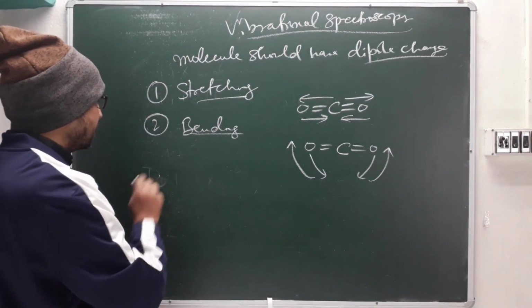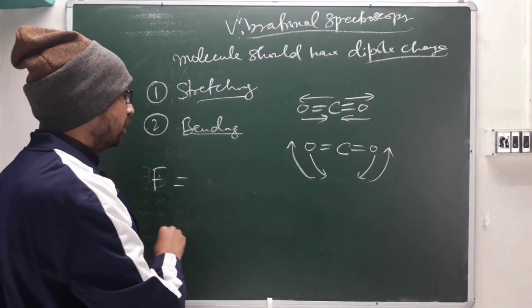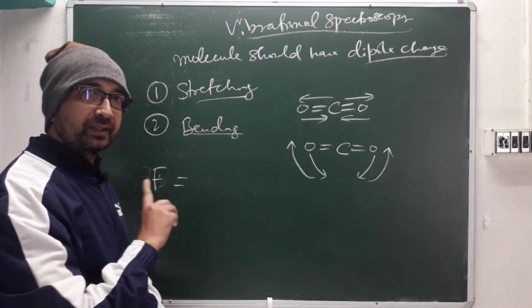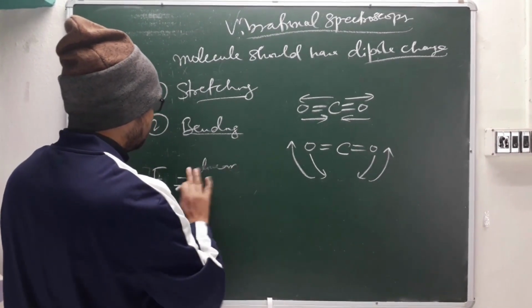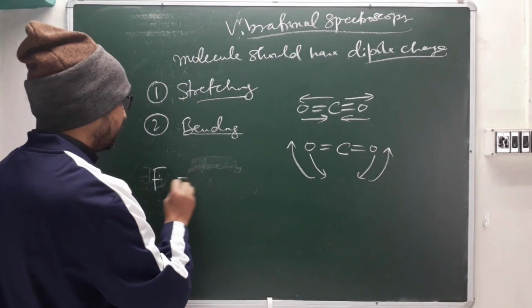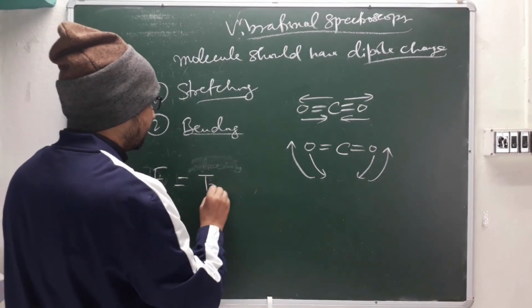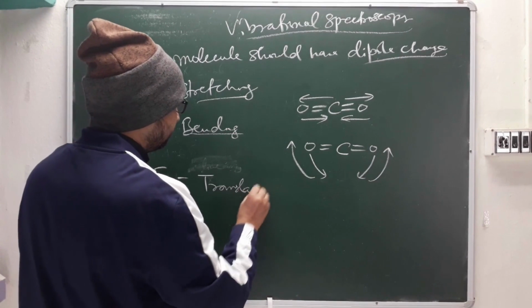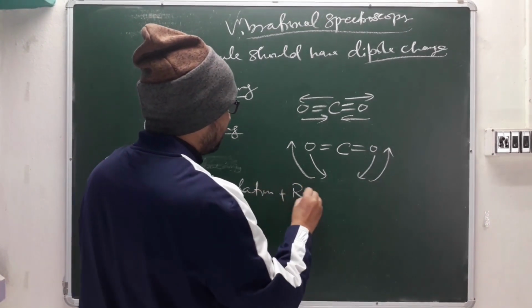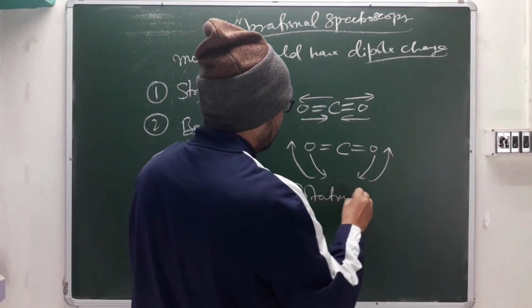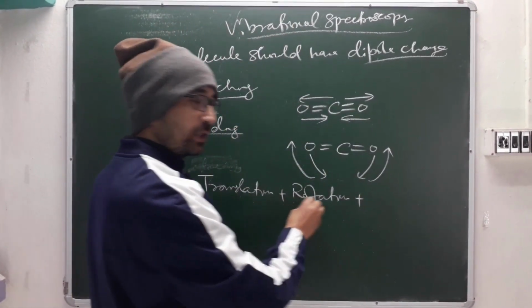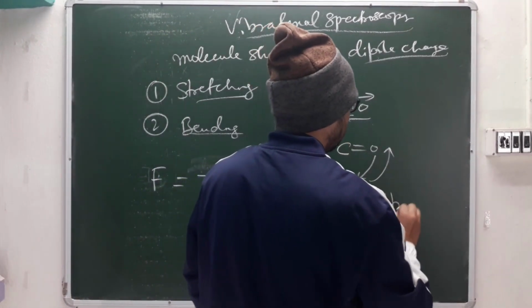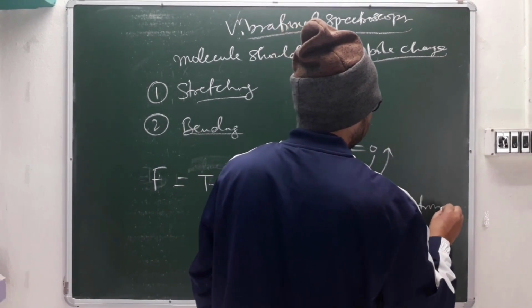I'll just write F. So degree of freedom, for linear, includes translational degree of freedom plus rotational degree of freedom, and then the last one, the vibrational degree of freedom.